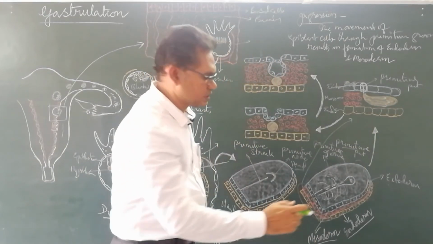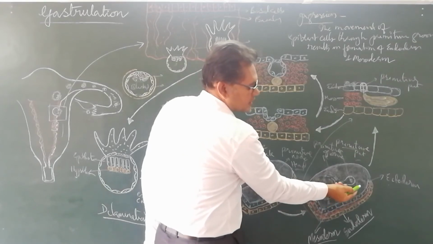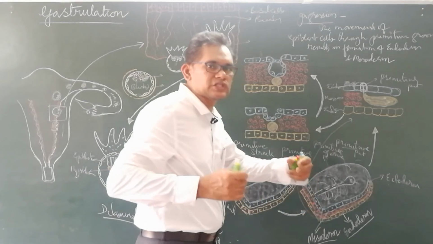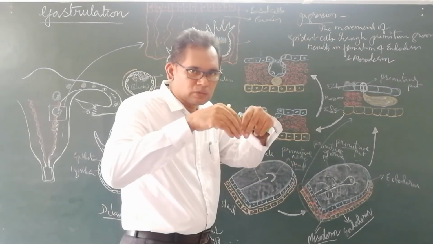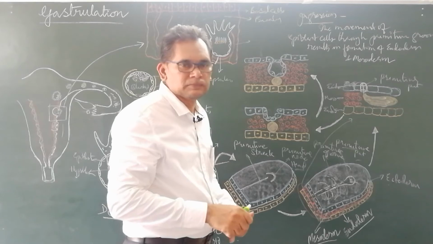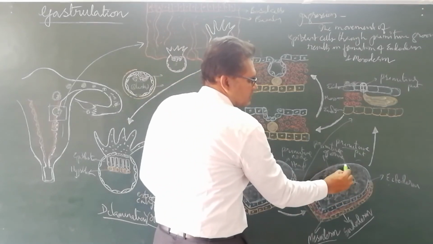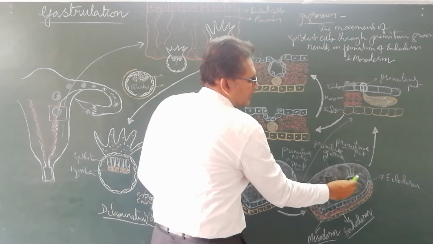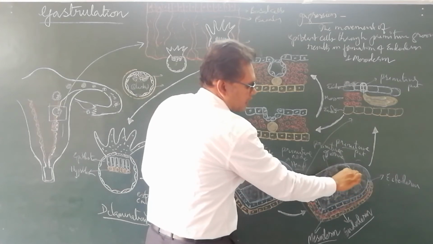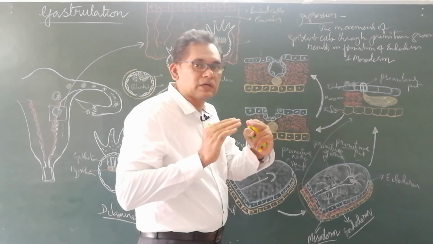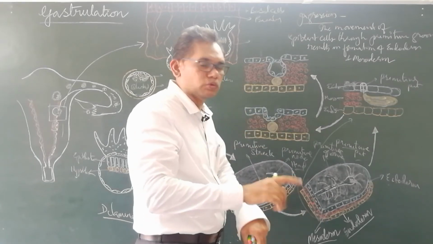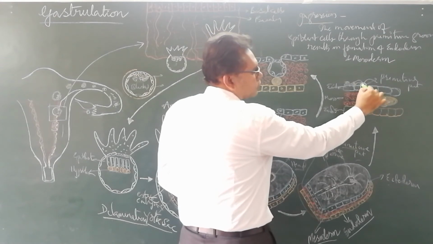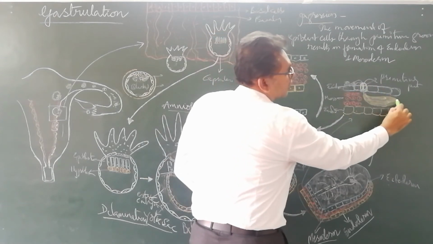Simply, some of the cells of the ectoderm converge. Converge means all of them migrate towards one side. These chorda mesodermal cells move from all these places, converge and involute through this primitive pit and move forward, forming the notochord.